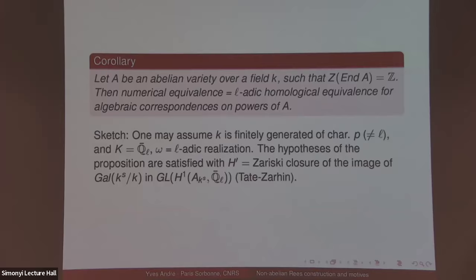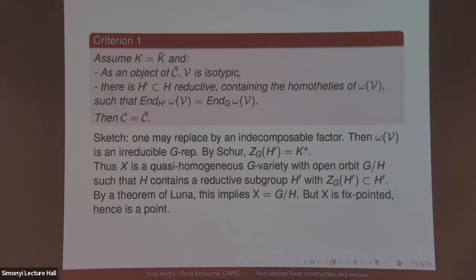Okay, then the assumptions of the proposition are satisfied, taking for H dash the Zariski closure of the image of Galois. And why is it satisfied? Because you have Tate's theorem, which gives exactly this condition, if you take for this object the H1 of A. The endomorphisms of Galois of the étale H1 with coefficients in Q l bar are the same as the endomorphisms of A tensor Q l bar.